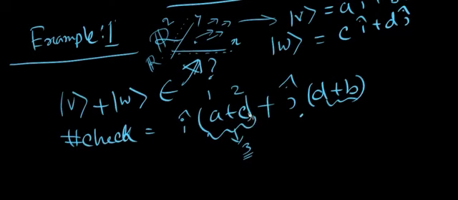That is, this a plus c also lies in R squared, and d plus b also lies in R squared, and as a result this whole thing also lies in this vector space. So the first property is checked.